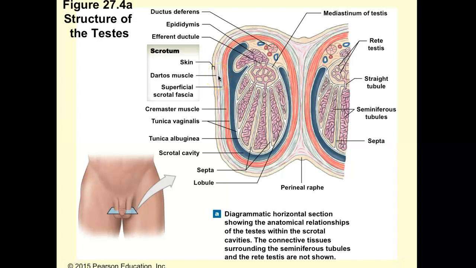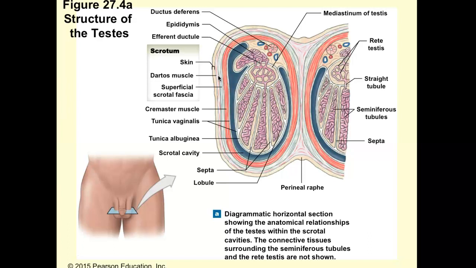Dartos is going to either wrinkle the skin when it's contracted, or when it's relaxed, it allows the scrotum to have a smooth skin. When the skin wrinkles, it holds in heat. When the skin is relaxed and smooth, it can dissipate more heat. So it's a mechanism that fine-tunes the temperature.